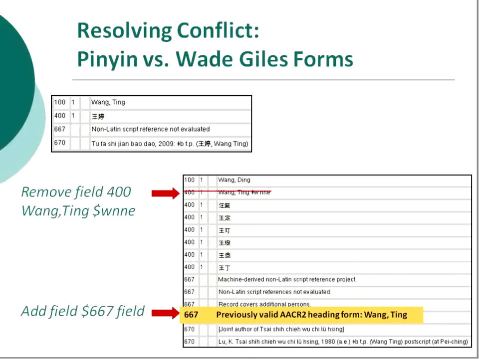And in this case, the way to resolve the conflict between the 100 and 400 field is that we remove the 400 former Romanization form, and then we provide a 667 field to indicate the previously valid AACR2 heading form. So that way the information is retained, but we do not necessarily have to keep the former Romanization form.